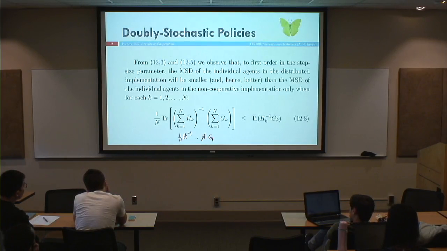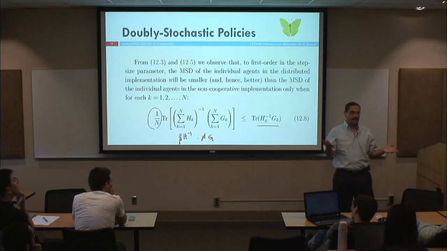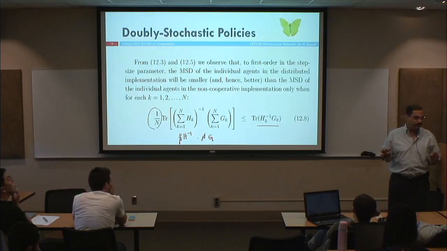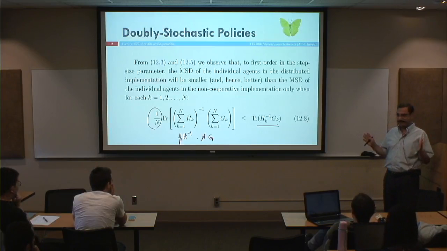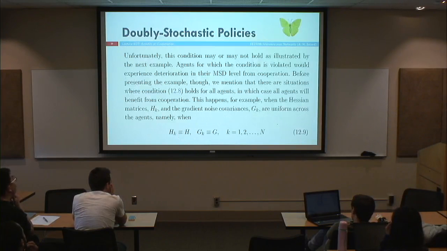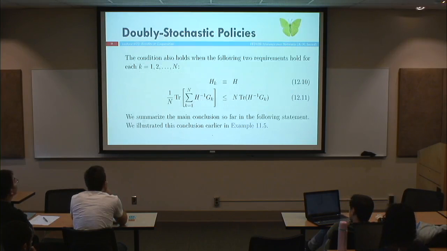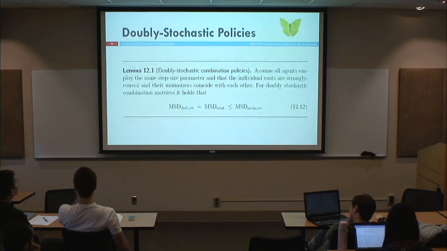So this cancels that, and you have an additional 1 over n multiplying the trace of H inverse G. So there are cases where this holds even for a doubly stochastic network, but not in general. Fine? So in that case, the relation will hold. This is the example. I already explained it even before getting to the slides.